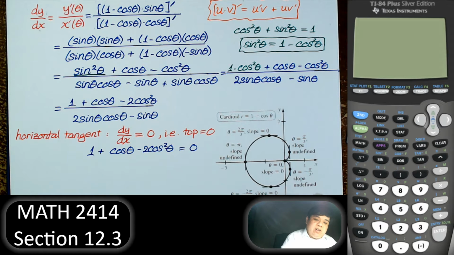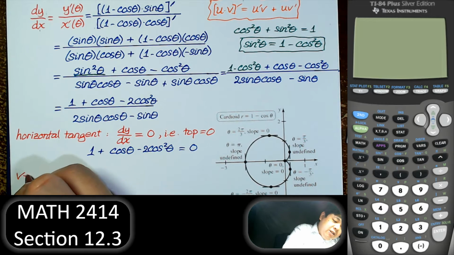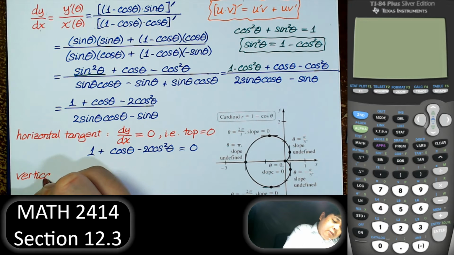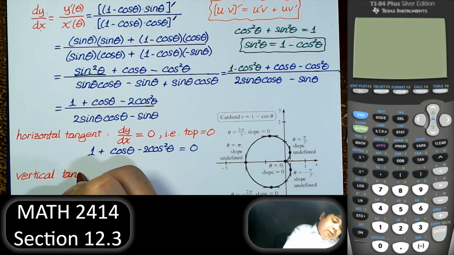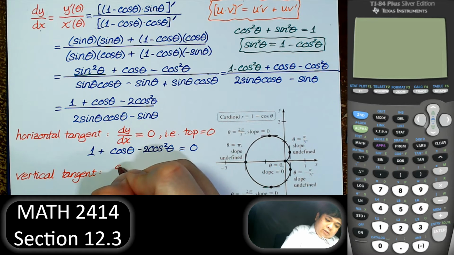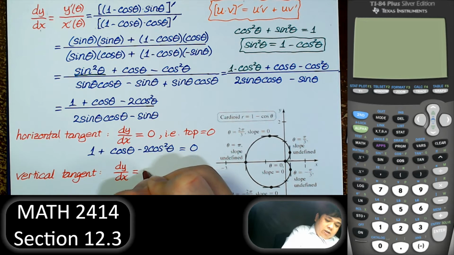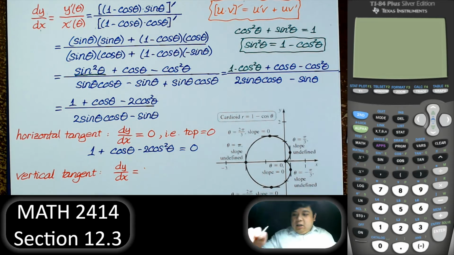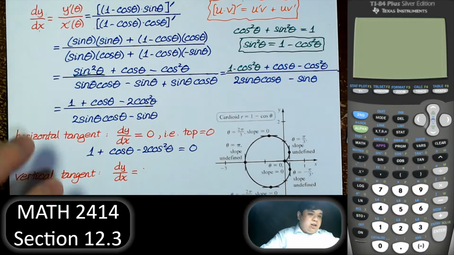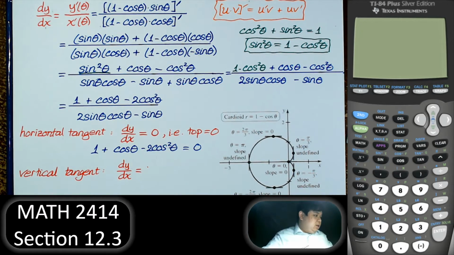And we find theta. And for vertical tangent line, dy over dx equal to... I'm sorry. The vertical tangent line, the derivative does not exist.